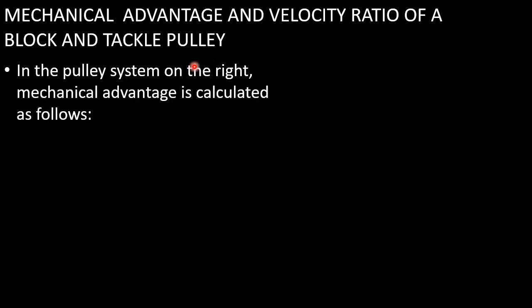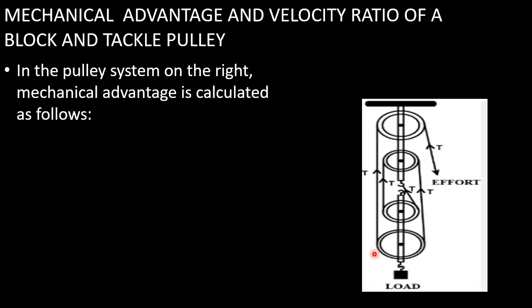So in the system on the right, we have the block, and a tackle down here, which is movable. In the system on the right, mechanical advantage is calculated in the following manner.